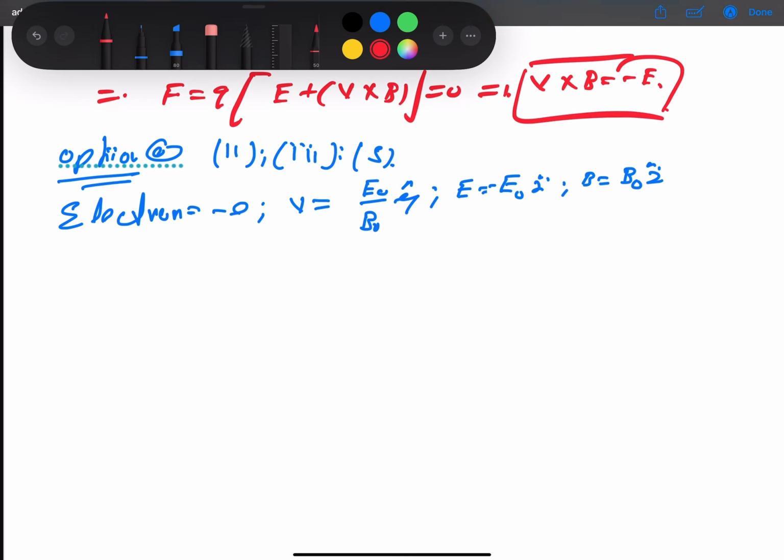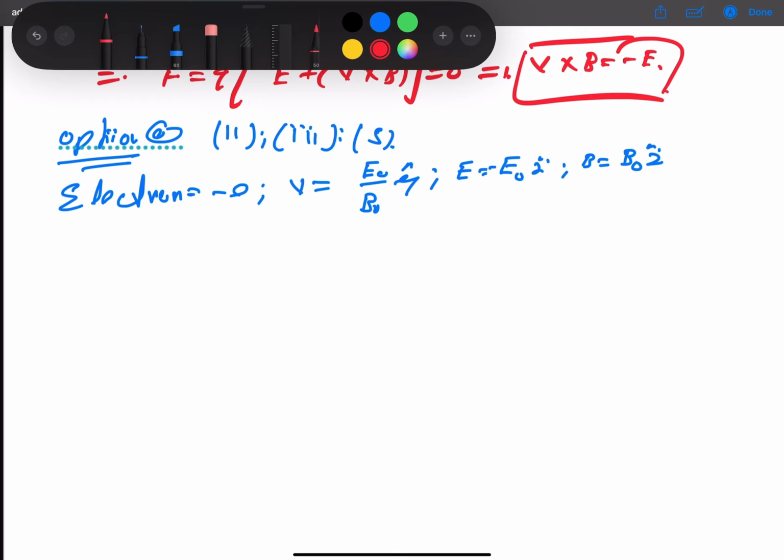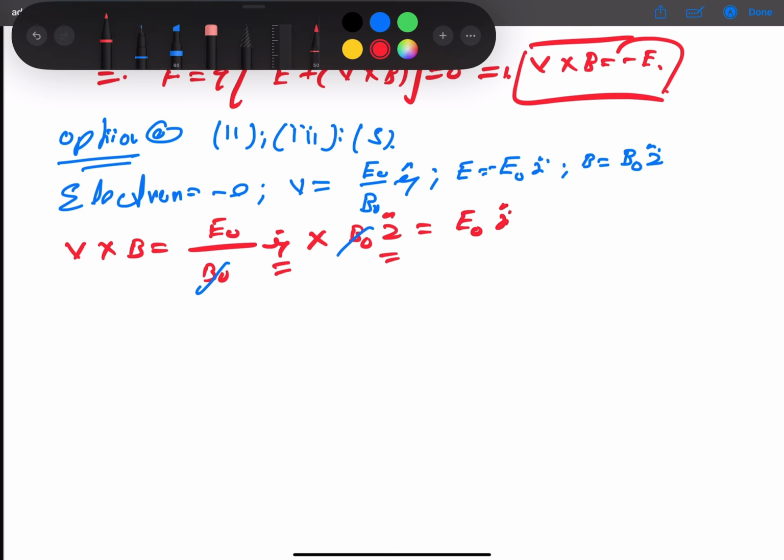Let's find out first of all V cross B. V cross B will be E naught upon B naught Y unit vector cross B naught Z unit vector, and B naught cancels out. So we have Y unit vector cross Z unit vector. This gives us E naught X unit vector.